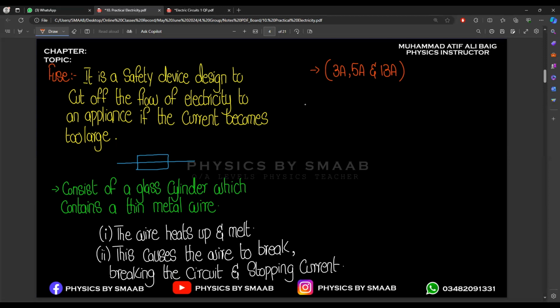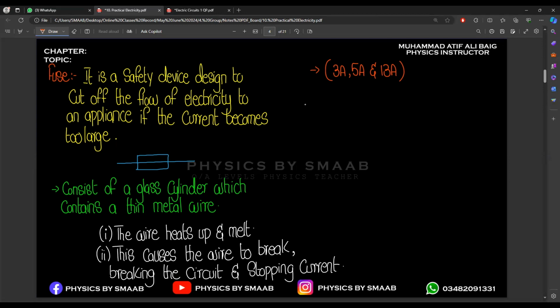We use the fuse of 5 ampere because if the value of electric current reaches 5 ampere, then after 5 ampere the wire heats up and starts to melt, and definitely it will break the circuit and no current will flow throughout the circuit.